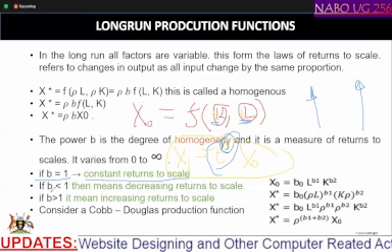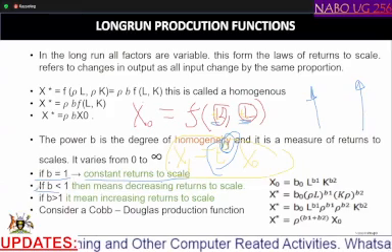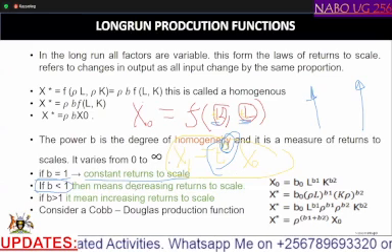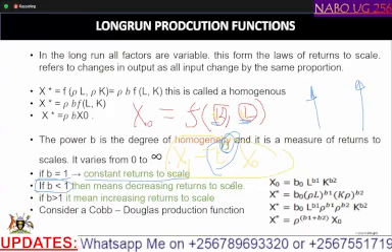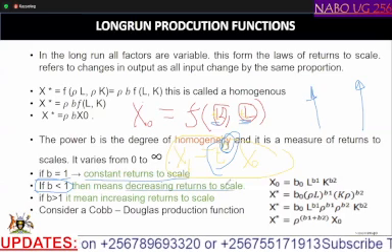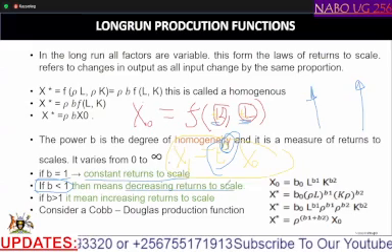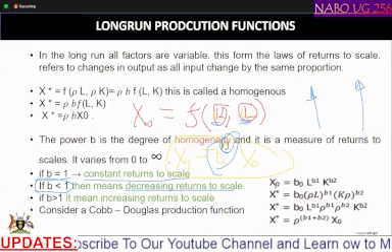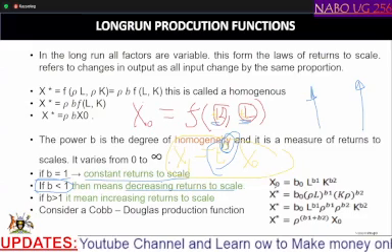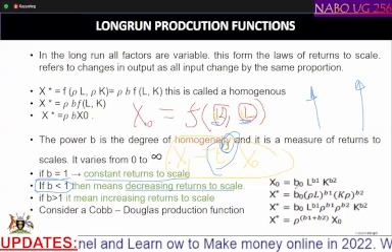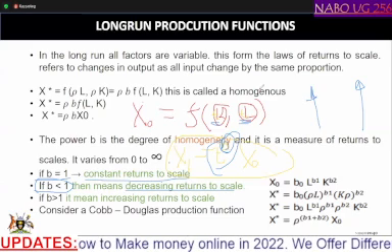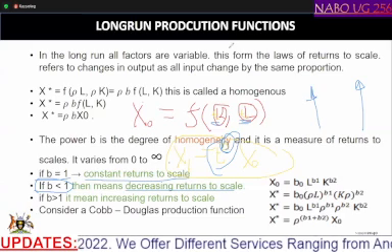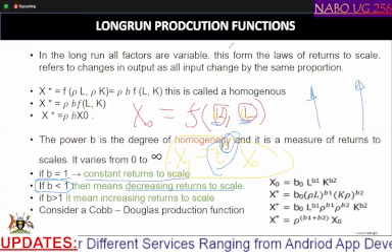If my B is less than 1, it means there are decreasing returns to scale, meaning that output increases less proportionately than the increase in factor inputs.